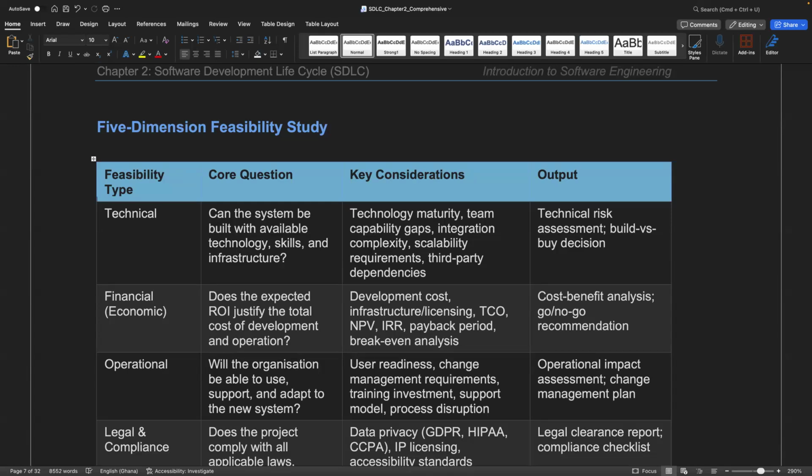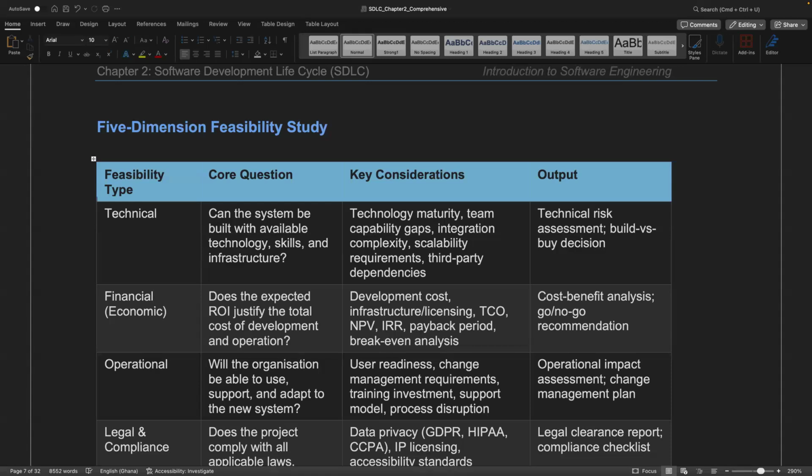Now, economic. Does the expected ROI justify the total cost of development and operation? The ROI means return on investment, which means that we'll be able to have some profits at the end of the day.